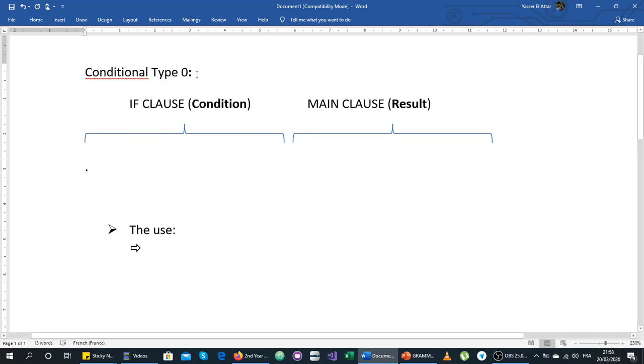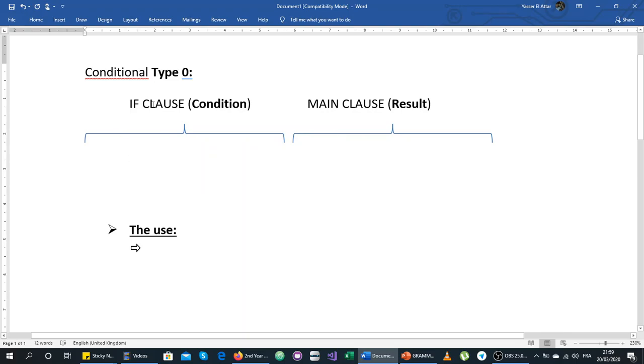And what is the difference between conditional type 0 and the others? It differs in 2 things: in the structure, and in the use of it. When do we use it? And in the structure of the if clause and the main clause.